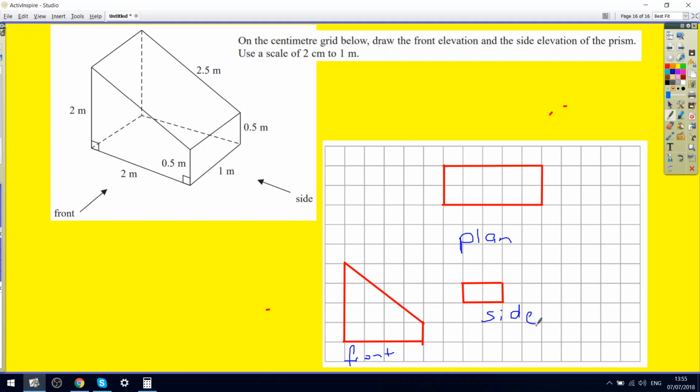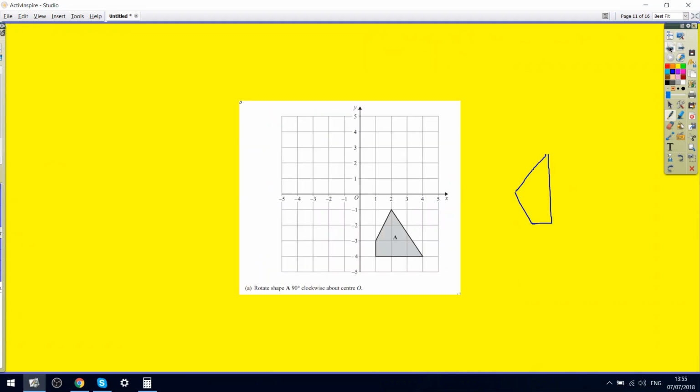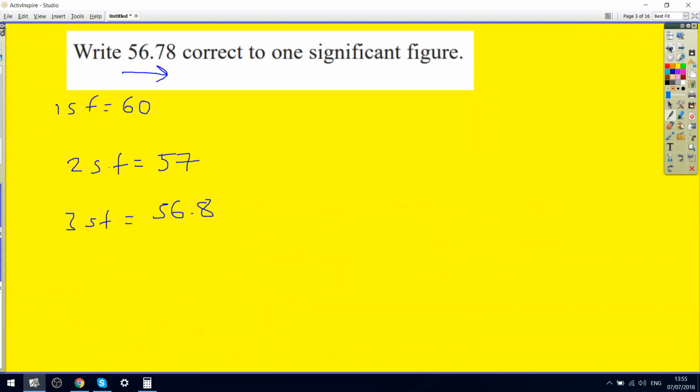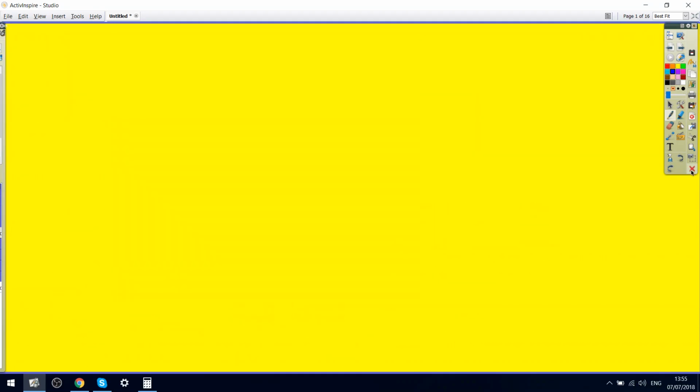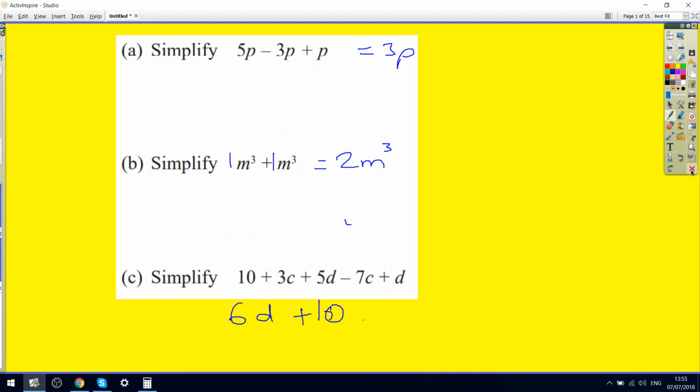Okay, so let's just take a look. Yeah, that one's fine. So this one, most students get it wrong. Why was this 2m cubed as opposed to m to the 6 or something?